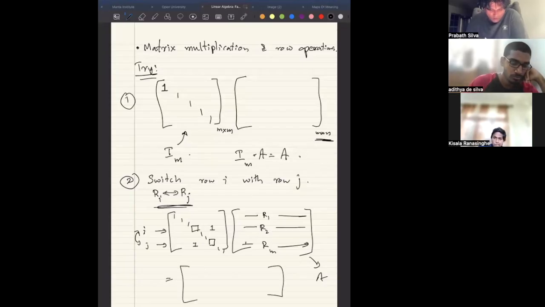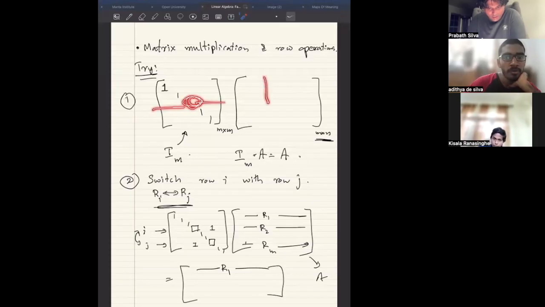Row 1, and in the place where you get row i, typically in the case of the identity matrix, you have 1 here, and this is going to hit here. But if we move it to here, that's going to hit a different row.